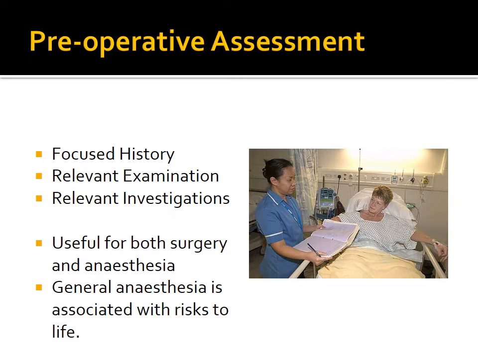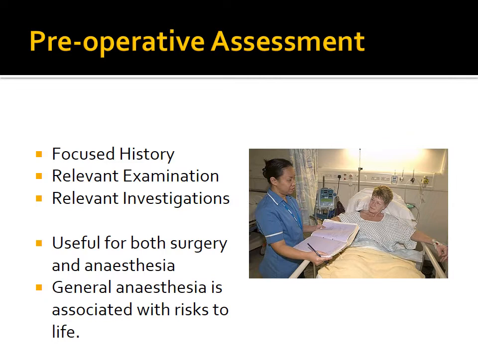So now what do we mean by a focused history? Well, the patient has presented with a particular problem and it's generally to get a surgery done. Or let's say the patient has been admitted with a trauma and you have identified a traumatized tissue and you need to fix that. Let's say reducing a fracture. So in a situation like that, we need to concentrate on the problem mainly and things around that.